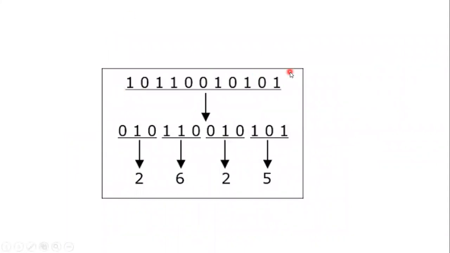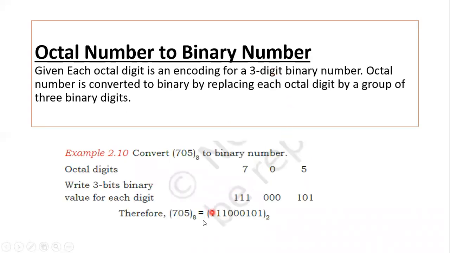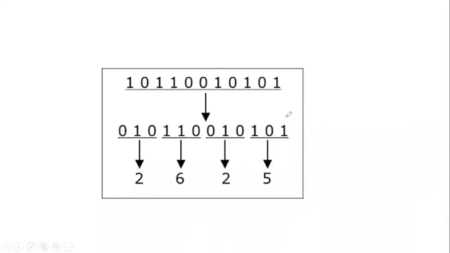So let's say this was the number. I divided it into groups of 3. And then we looked at each group individually and looked at its binary to decimal equivalent.